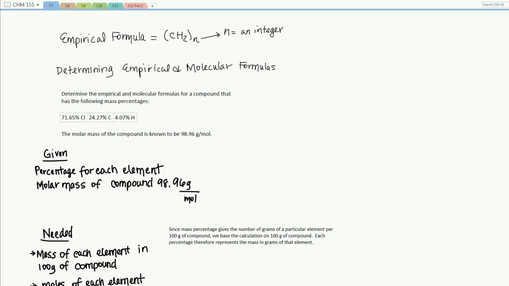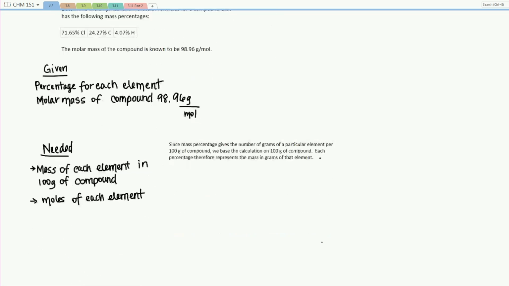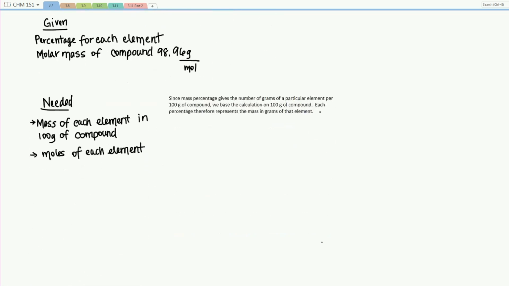So we were given the percentage for each element and the molar mass of the compound. We need to know the mass of each element in 100 grams of compound, and we use 100 grams of compound because we're given percentages.